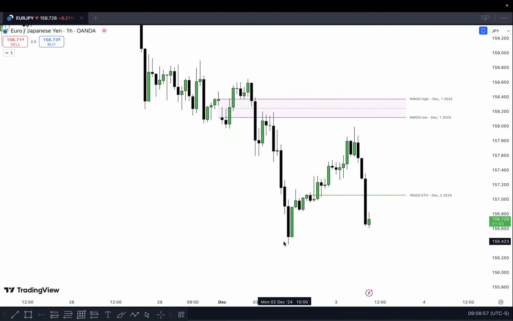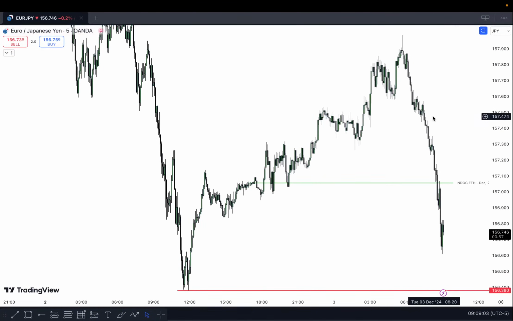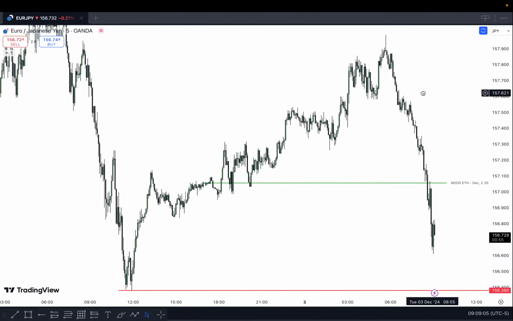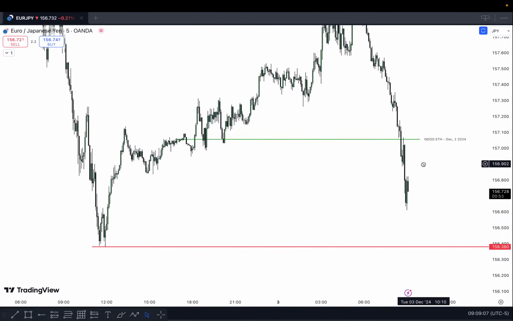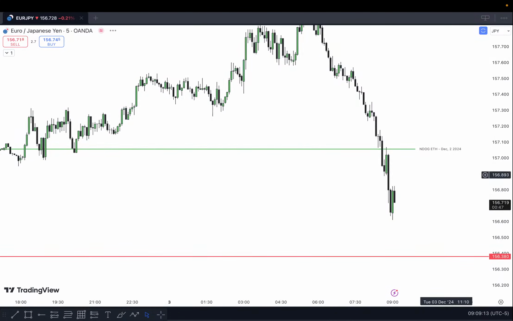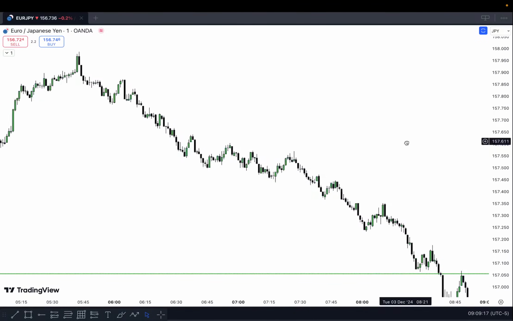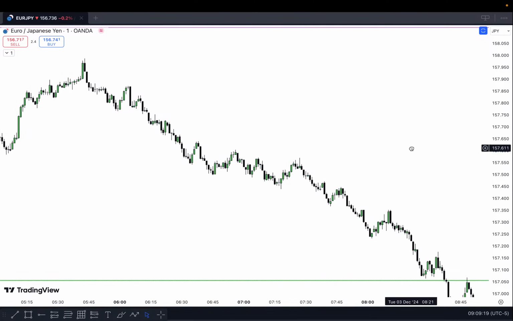There are very high chances. I don't know where you would have entered, but if you have any entries above the new day open gap of 2 December, then keep holding your positions and it will reach the previous day. What a beautiful setup here. Damn, bro, sexy market. Sexy market, yeah.